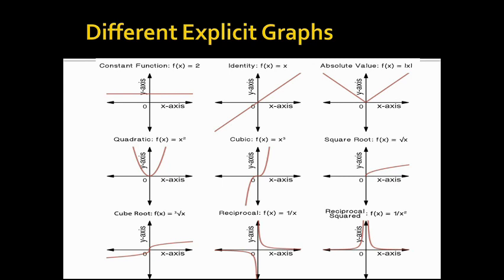Now the first one is a constant function. You can see f of x is equal to 2, 3, 4, 5, 6, any number. Whenever we have any numeric number in our function, the graph looks like this. Now the second one is the graph of f of x is equal to x, and here we have this type of graph.